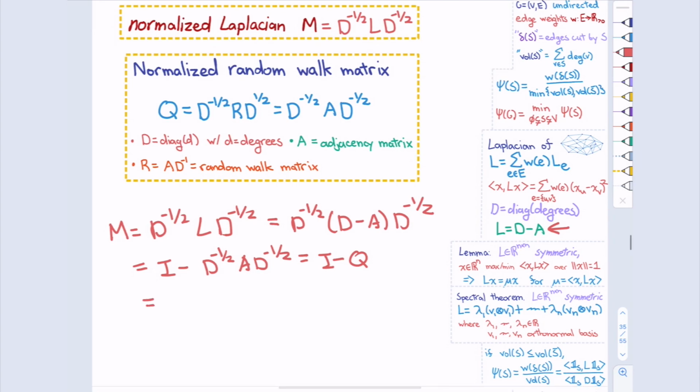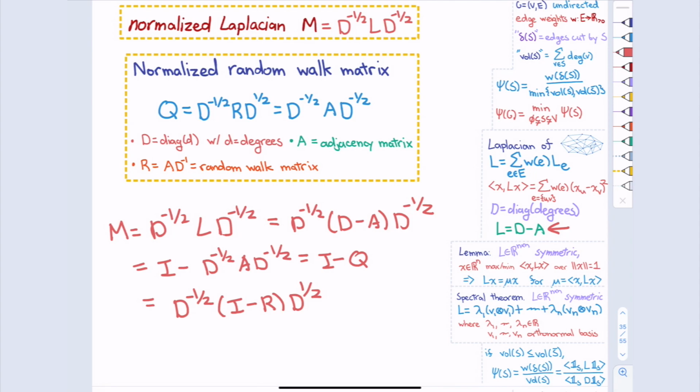And we can even expand that further and write this as d to the minus 1/2 I minus r d to the 1/2. So that's just some plugging algebra. Again, it doesn't feel like we did much, but we're making connections.